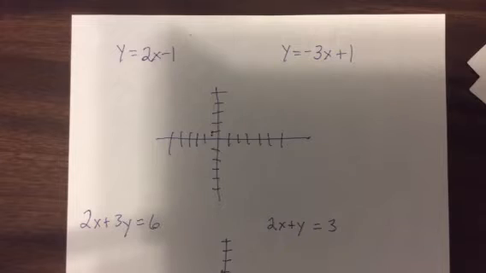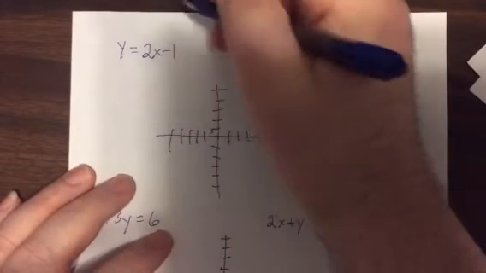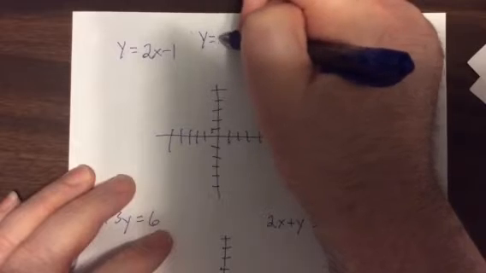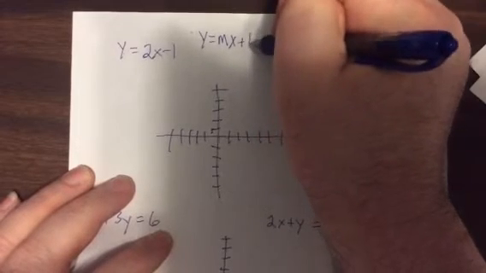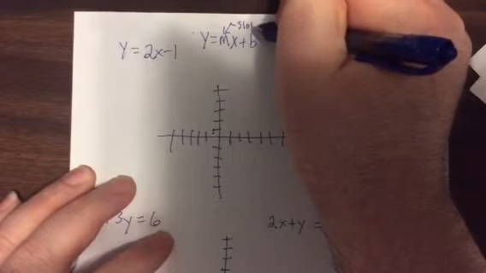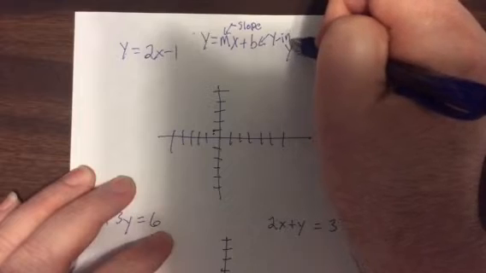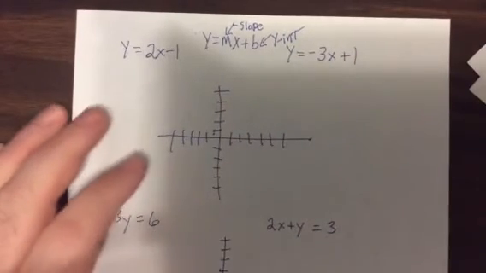Now, what if you have an equation and you want to find the slope? The reason they defined slope the way they did, changing y over changing x, is because when it's solved for y, it's called slope-intercept form. The number times the x is your slope, and the y-intercept, where it touches the y-axis, is the number added.